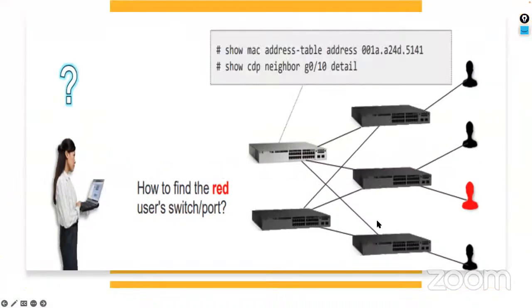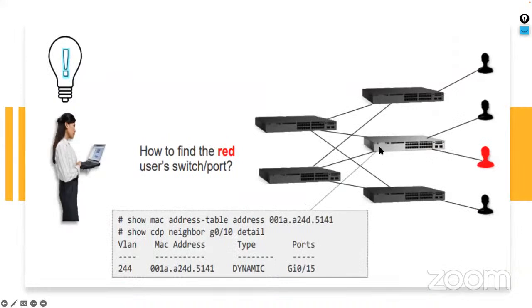Let's say I'll take the MAC address of this customer, and I'll try to locate that MAC address from the nearest switch. Then I'll get to know it's on G10 of another neighbor. Then I'll log into that switch, and I get to know this particular customer is connected to port number 15 of this interface.